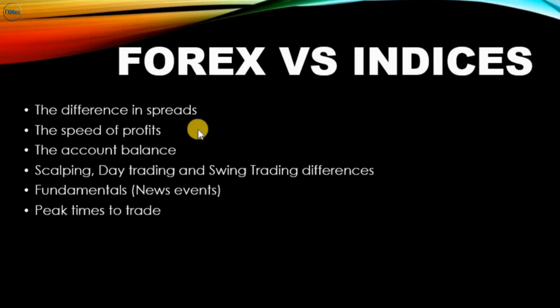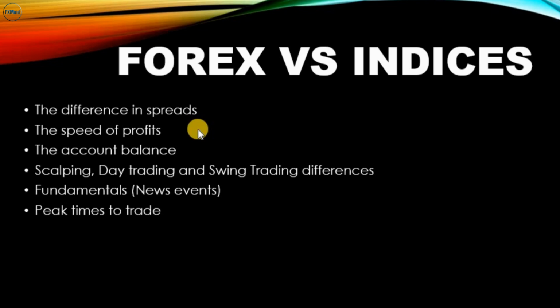But in indices, you can make 50 pips within 2 or 3 minutes, depending on the time that you're trading at. In most cases, specifically with Nasdaq and US30, you can catch 50 pips within 2 or 3 minutes, or 2 or 3 1-minute candles, as you will see later on in this course.